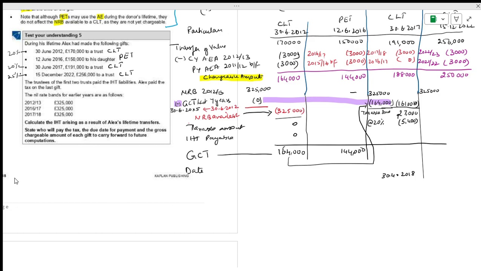Also see the gross chargeable amount on the CLT of 30 June 2017. See the last line. The chargeable is 188, the gross chargeable amount. Why 188? Maybe they use the gross.